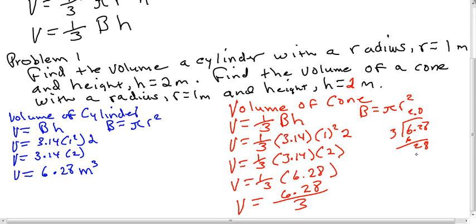Bring down the 8, and that's 9, because 9 times 3 is 27.